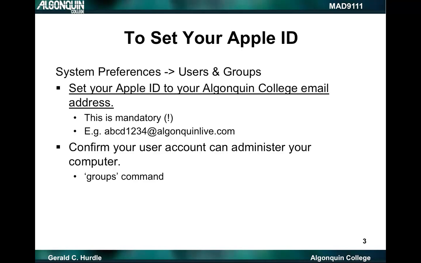A friendly reminder, your email mask will look something like the 4 letters followed by 4 numbers at algonquinlive.com. In general, it will be the first 4 letters of your last name followed by the 4 numbers. Please note, if your last name has fewer than 4 letters, I think they pad it.